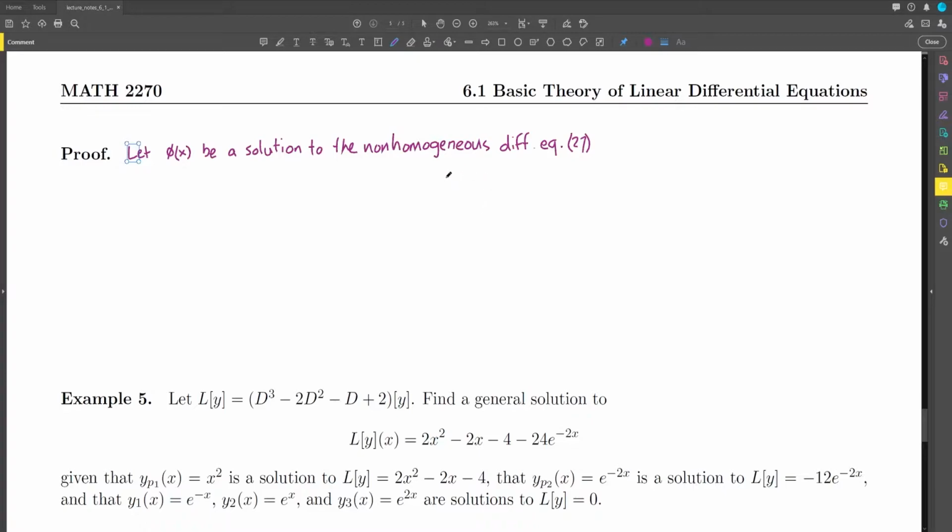So basically what we want to show is that this consists of a particular solution plus the solution to the homogeneous equation.